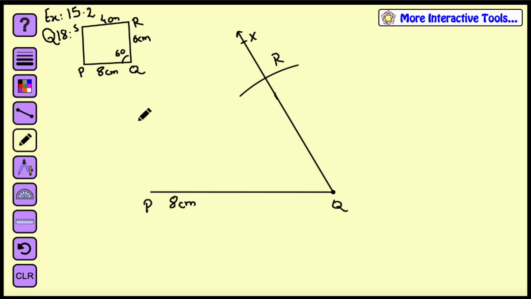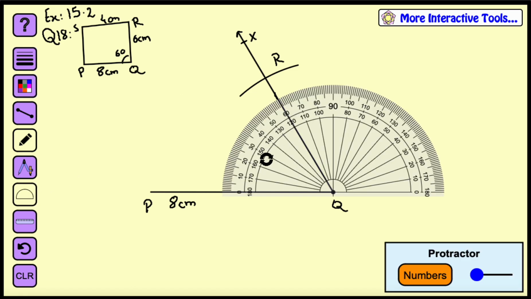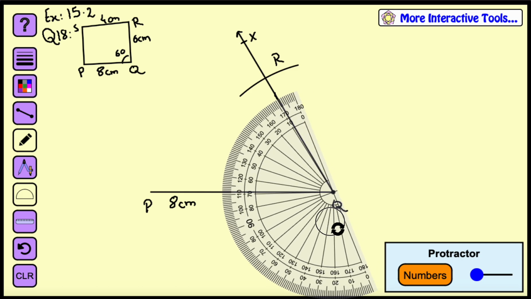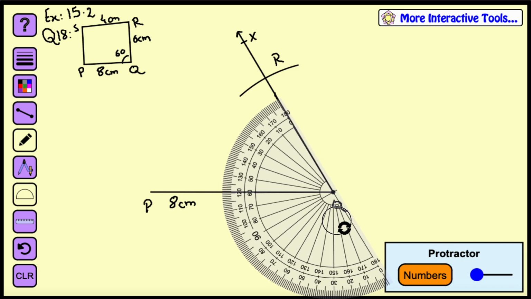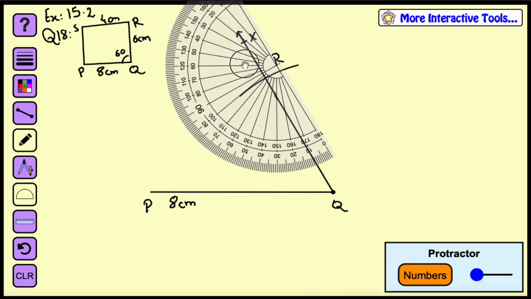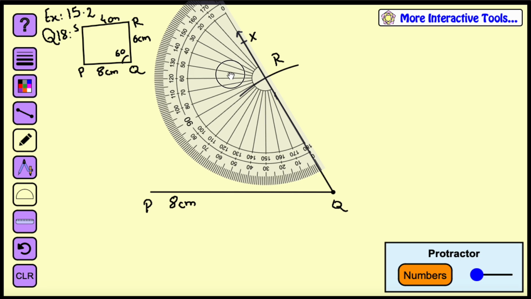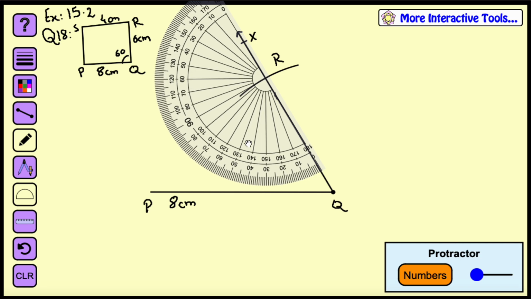Now what we will do, we know that RS is 4 centimeter. Now we have to use the property of trapezium. What is the property of trapezium? That adjacent angles are supplementary. That means if this one angle Q is 60, this one will be 120.